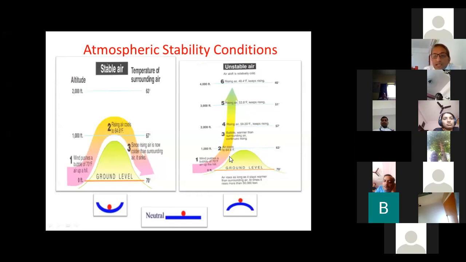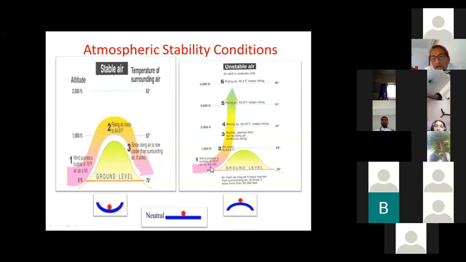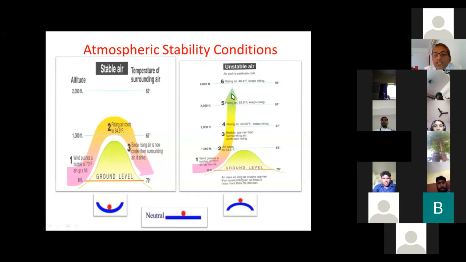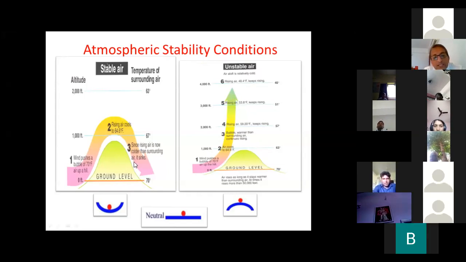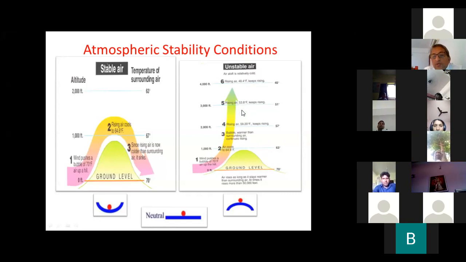Whereas in the unstable case, the pollutants emitted at the ground mix, go up, rise up, and come down. So the pollutants are carried high in the atmosphere.